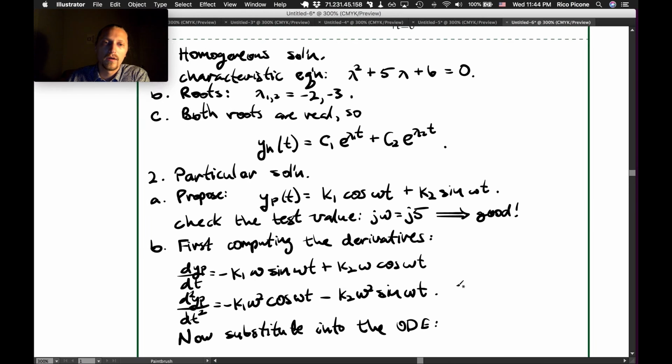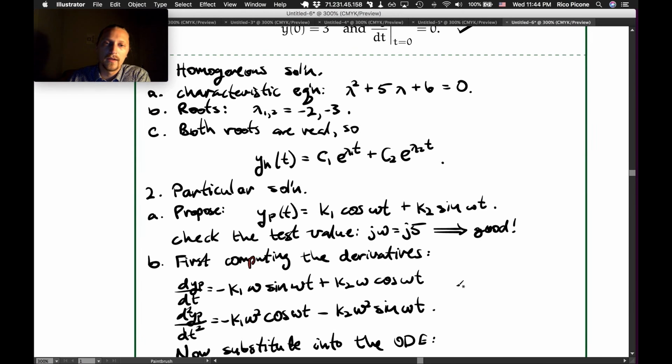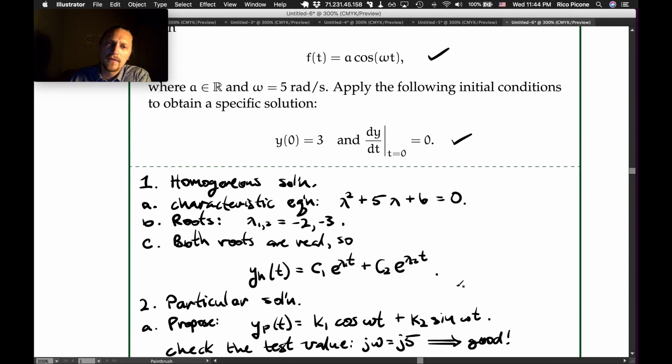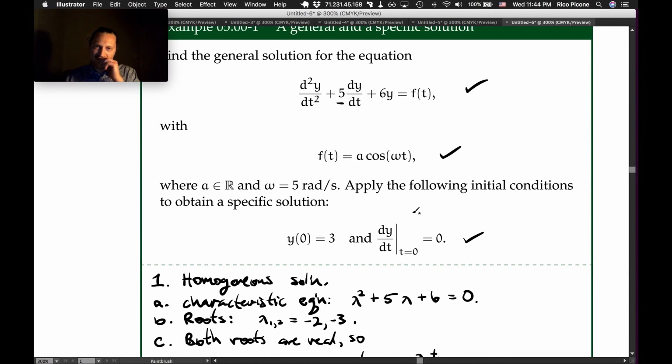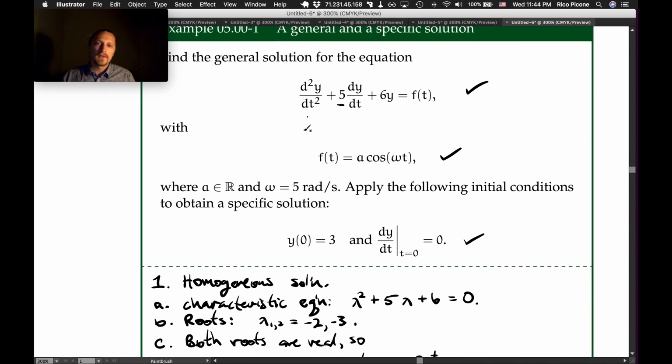We need to look up here. Let's do the same thing that we did before. We really don't want to write this out in long form. We see once again that we're going to get cosine terms and sine terms on the left-hand side, and on the right-hand side we'll also get cosine terms. I did a sinusoid for the forcing function because it's harder.